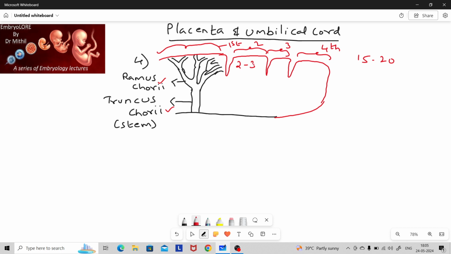After understanding the formation and learning about the functional units, the villi, now let us have a brief note about the features of the placenta.